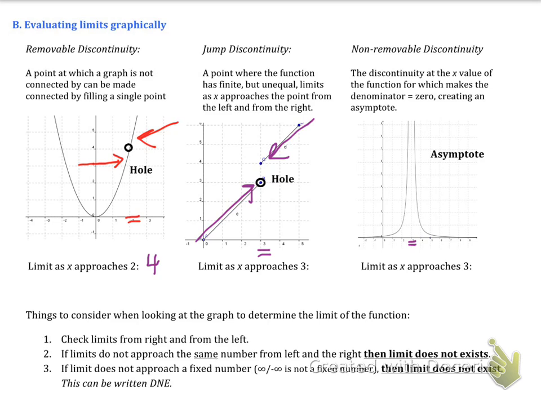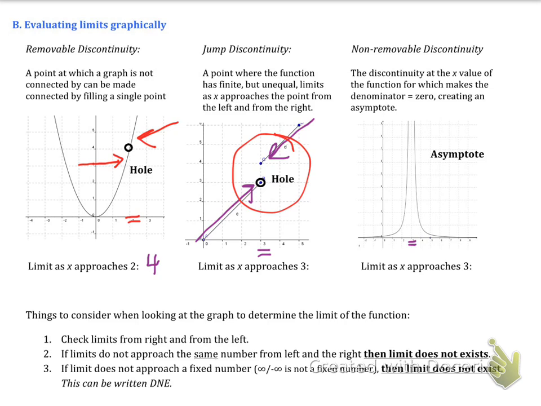Okay, so check it from the left and the right, and we're getting the same value. So that's my limit. Number 2 says if the limits don't approach the same number, like in this scenario, when approaching from the left and the right, then the limit does not exist.